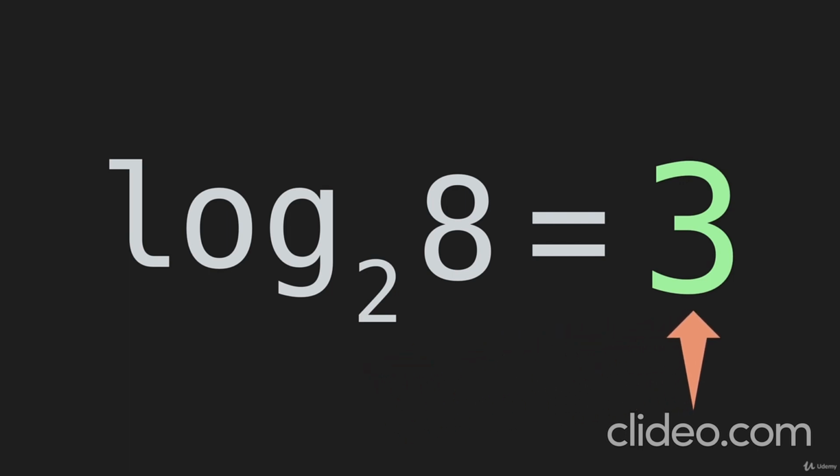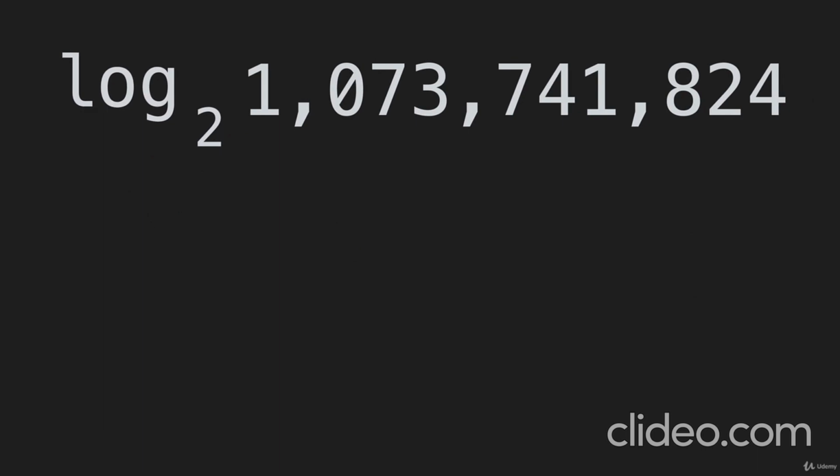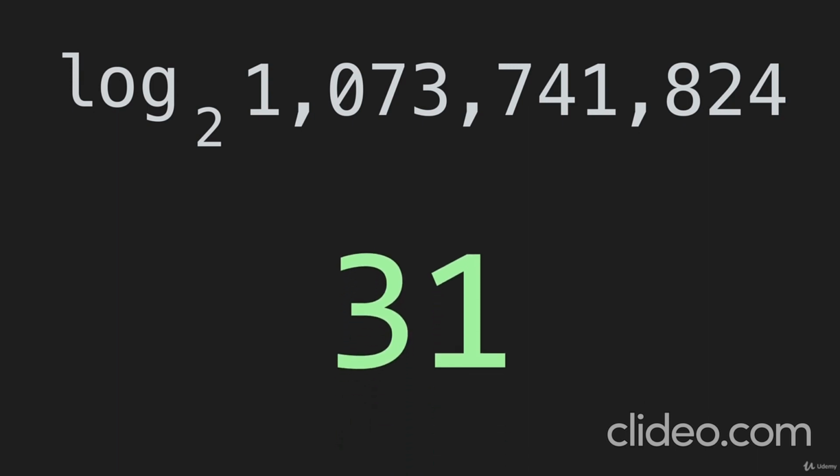And the real power of this is when we get to very large numbers. Let's say we have log sub 2 of this number, and this is over 1 billion. How many times would you have to cut this number in half to get down to 1 item? That would be 31 times. To put it another way, 2 to the 31st power equals this number here that's over 1 billion.